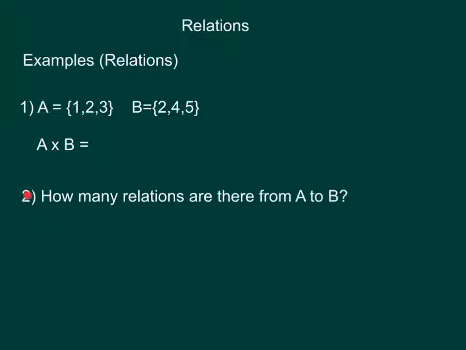So the question is, how many relations are there from A to B? Well, given that the cardinality of A cross B is the cardinality of A times the cardinality of B, there are this many possible pairs to put in the relation. For each of those pairs, we decide whether or not to put them in. So there are 2 to the power of the cardinality of A times the cardinality of B, because for each of the ordered pairs, we have the decision to include it or not include it.